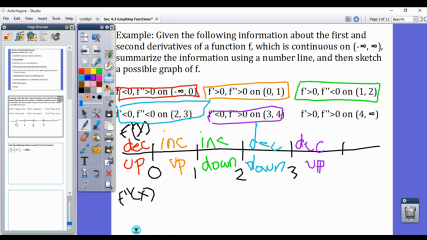And lastly, I have both greater than 0, which means I am increasing and concave up. And I somehow managed to lose the 4 that was there.